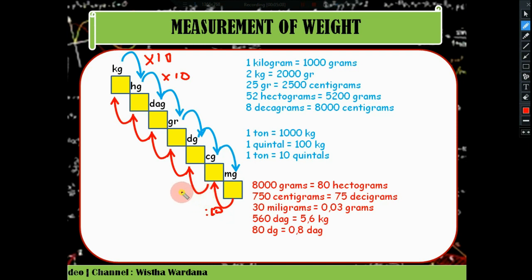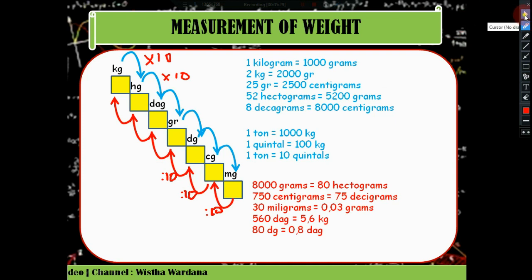Move 1 step again and divide it by 10 again. Move 1 step again, divide it by 10 again. And do like that always when you change the measurement and move up 1 step, 2 steps, 3 steps, or the others.